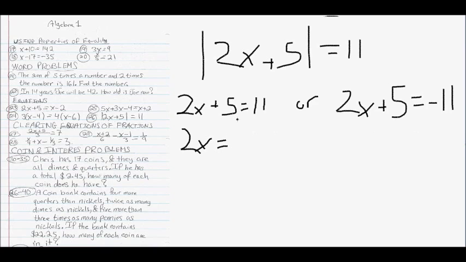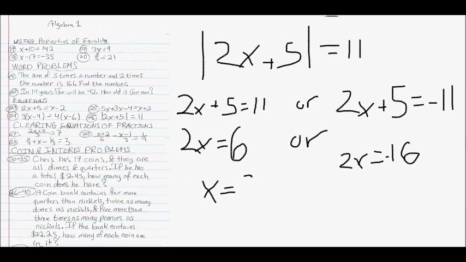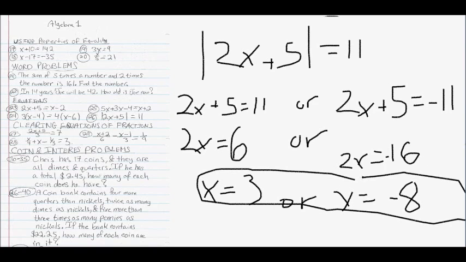So I'm just jumping ahead. 2x equals, subtracting 5 from both sides, 11 minus 5, which is 6, or 2x equals, subtracting 5 from both sides, negative 16. So x equals 3 after I divide both sides by 2, or x equals negative 8.